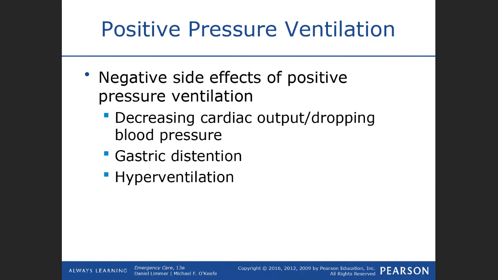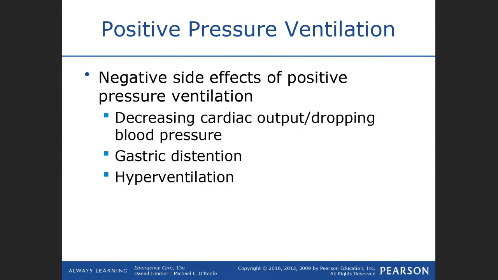The other thing that can occur is if you're ventilating too fast or too forcefully, it can reduce the amount of blood that is returning to the right side of the heart, so it can decrease venous return.